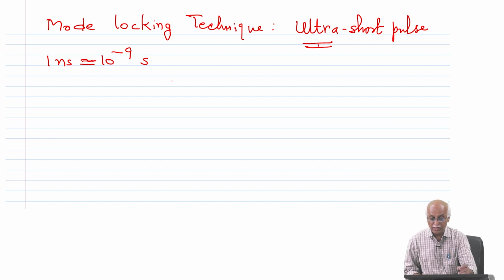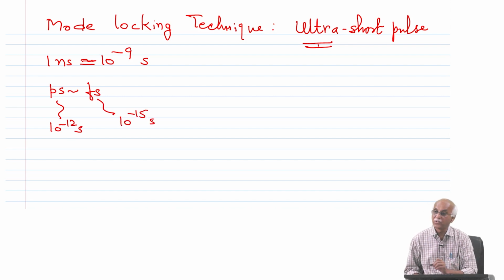it has various applications, but ultra short pulse means further down, okay, to picosecond, sub picosecond, femtosecond level. Okay. Picosecond means 10 raised to minus 12 seconds pulse width, femtosecond is 10 raised to minus 15 second pulse width. Okay.